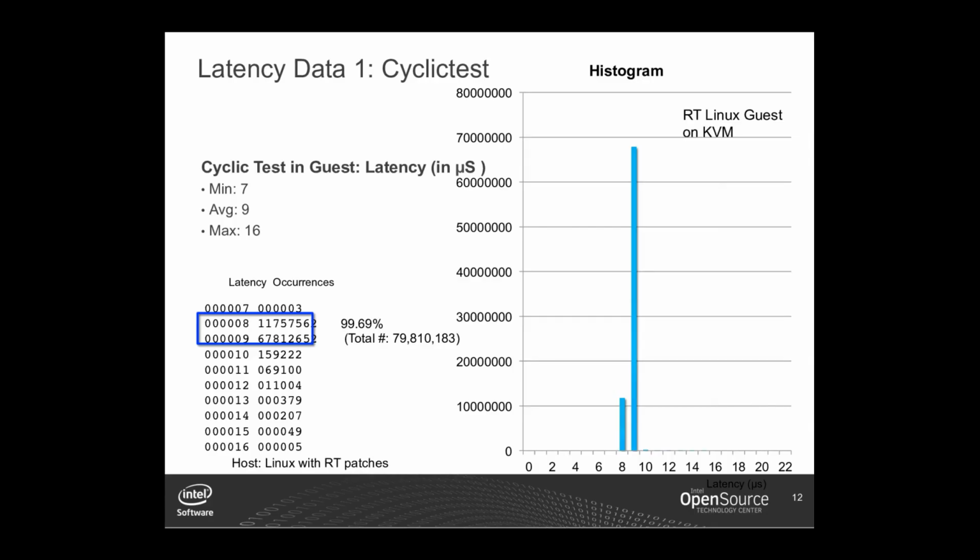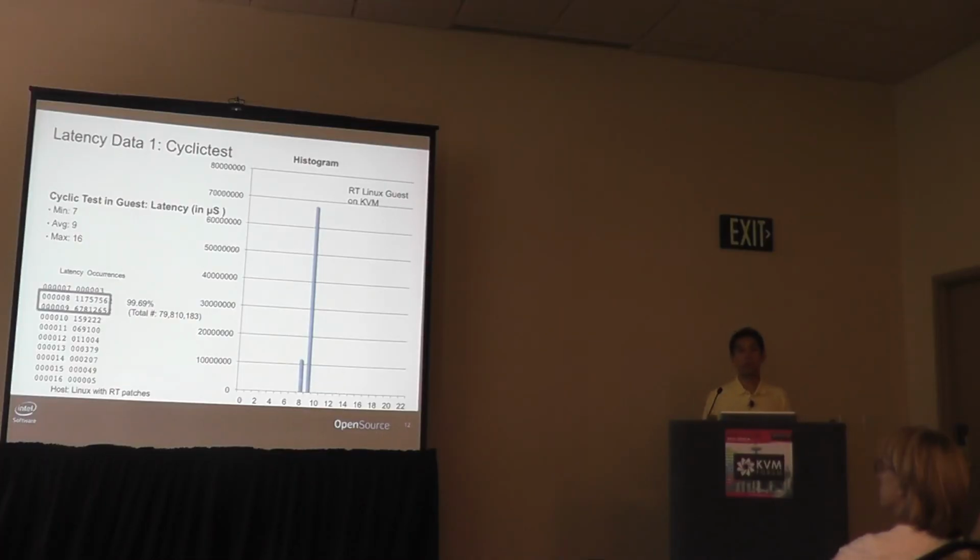So I have the data. This is similar to what Rick showed, of course, because we are working together. So the machines are different, but we have very similar results. If you look, more than 97% are there, right?